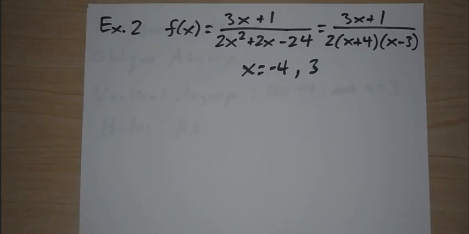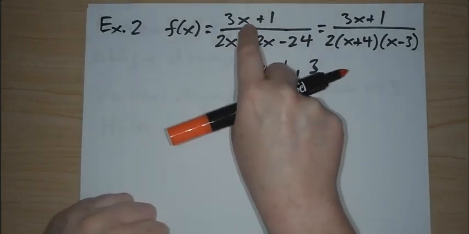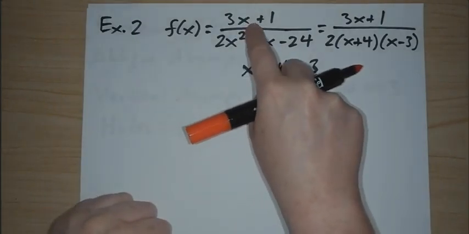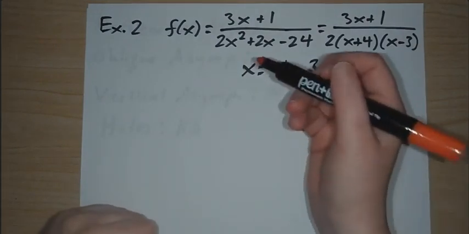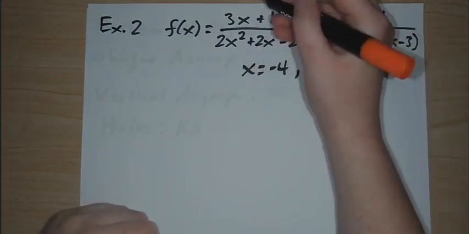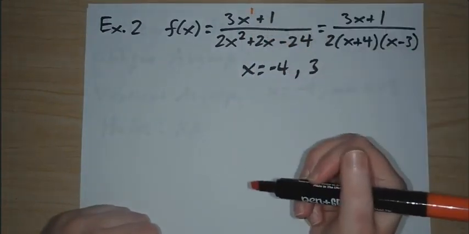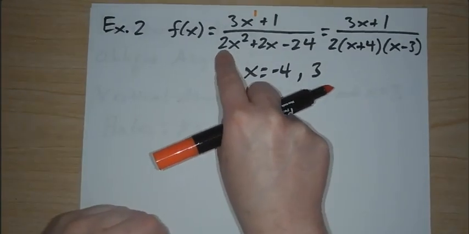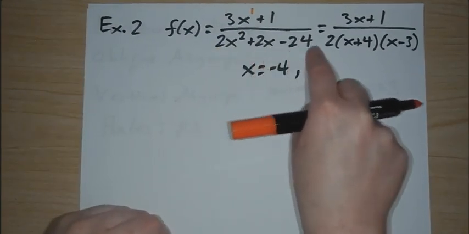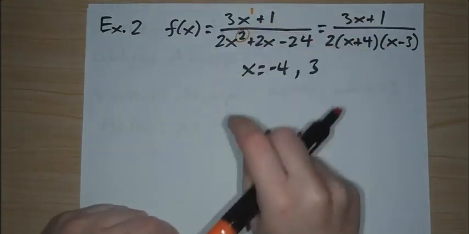So the degree of the numerator here is the leading exponent of the variable. The highest variable we have here is this 3x, and it's of degree 1. And the leading degree of the denominator is this 2 right here, this x squared.